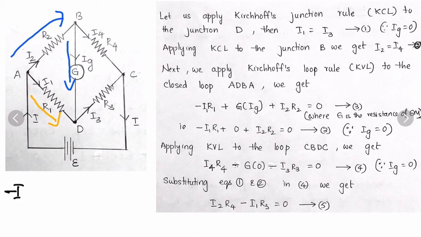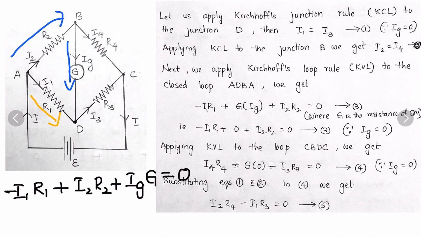So minus I1 R1 plus I2 R2, that is clockwise direction, plus Ig G, where G is the resistance of the galvanometer, is equal to 0.